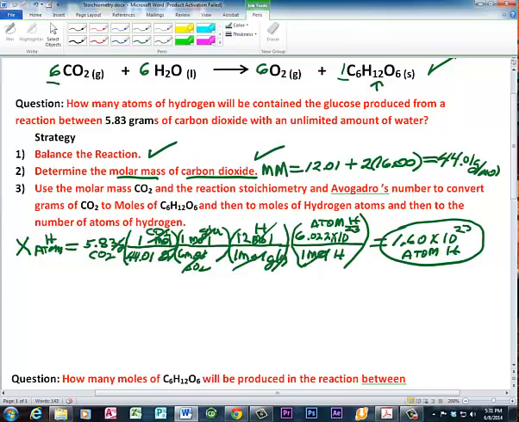So all I would have done is transposed the 12 and Avogadro's number, 6.022 times 10 to the 23rd, in the numerator. Mathematically, instead of multiplying by 12 times 6.022 times 10 to the 23rd, I would have been multiplying 6.022 times 10 to the 23rd times 12. So go ahead and try that out for yourself. Now, I just want to remind you that we were interested in finding atoms of hydrogen.